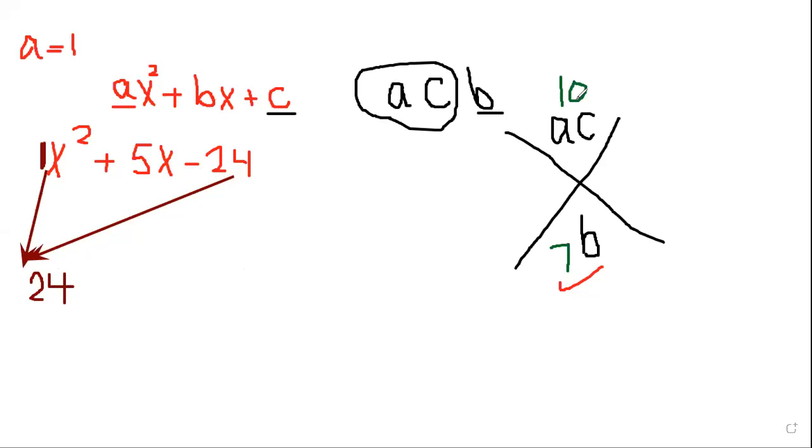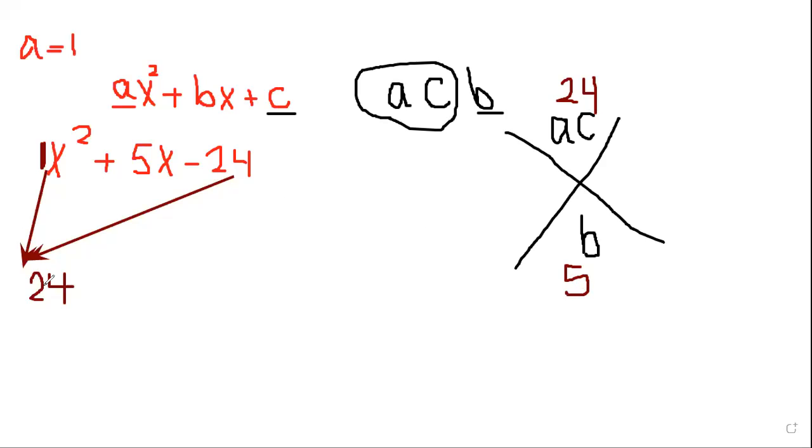So I will go to my game here. I'm going to write: AC is 24 and the middle term should equal 5. It's not necessary to write this, okay? But I want to put it in front of you to know your plan.